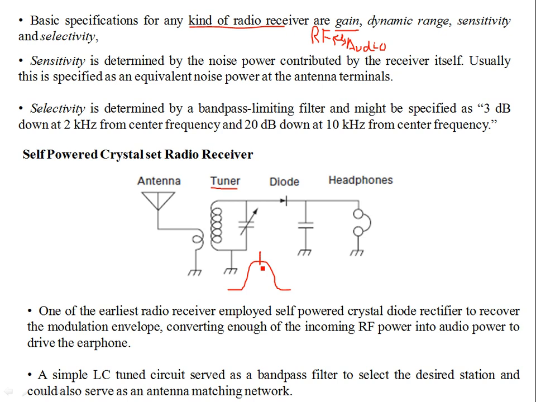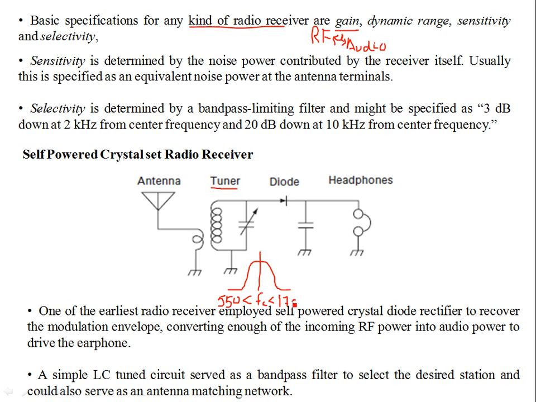If you are considering this to be an AM receiver, then this FC is for a typical AM broadcast range, from 550 kilohertz to 1700 kilohertz. So this center frequency is tunable.